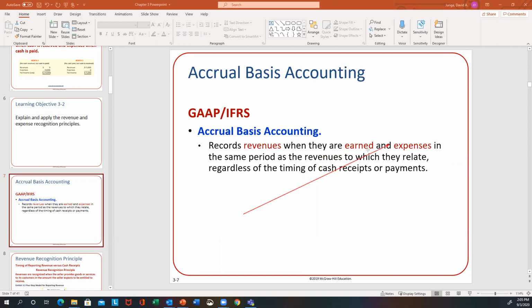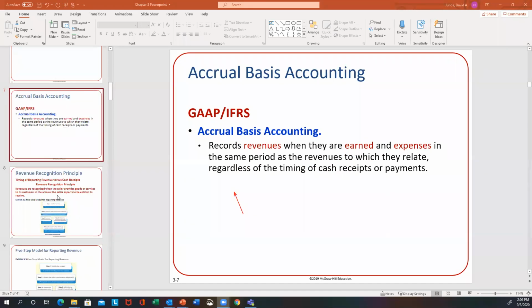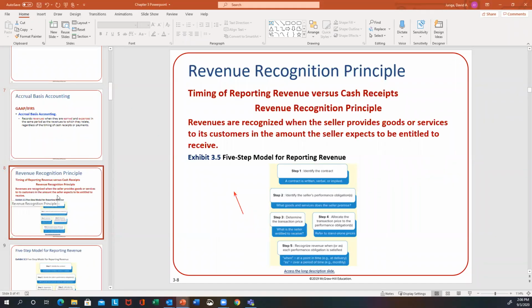So you try to match these up, because the expenses help to generate the revenue. And so it doesn't depend on cash. You could earn something in one period and get the cash in another period. And so hence, there's always going to be some timing issues when you're following the generally accepted accounting principles of accrual accounting.